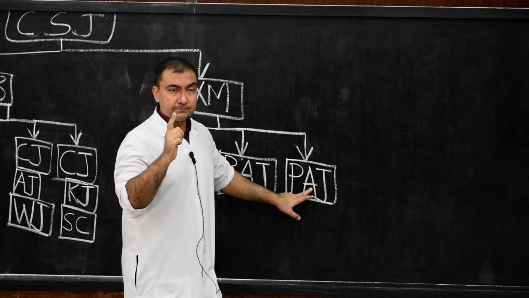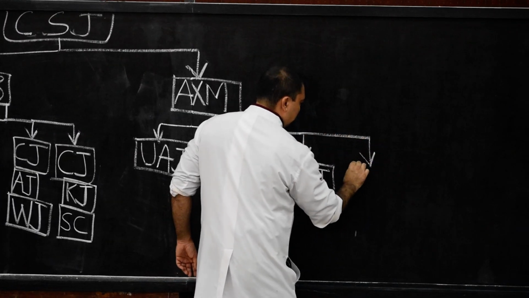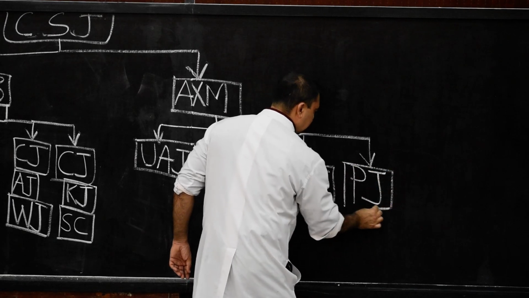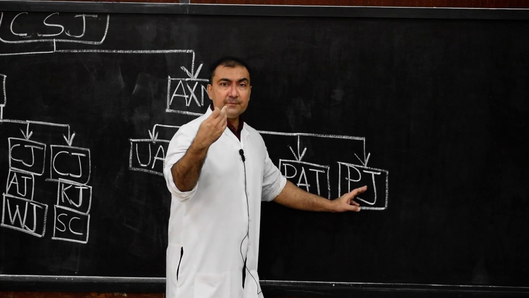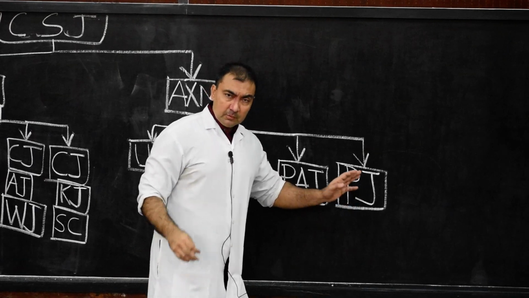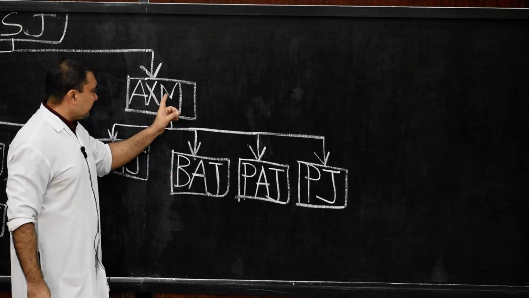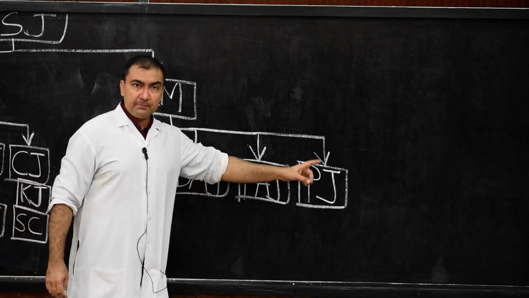And the last category, plane joints, where they will exhibit gliding type of movements. So this is the classification of synovial joints based upon the axis of movements: uniaxial, biaxial, polyaxial and plane variety.